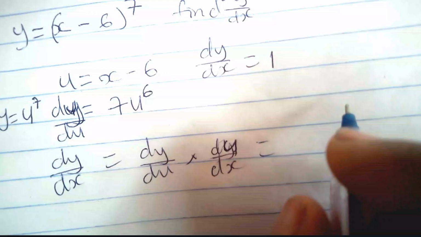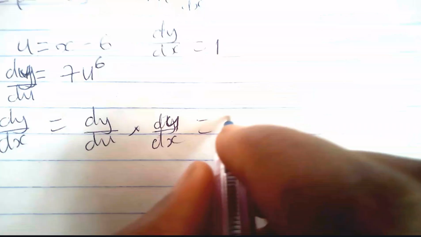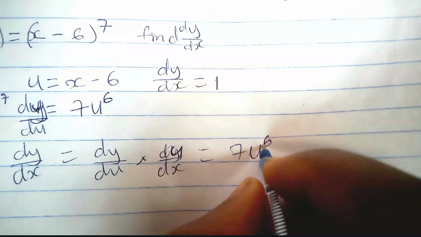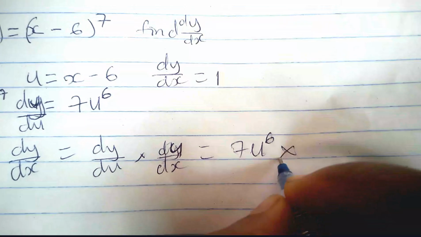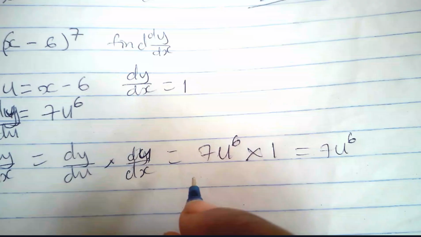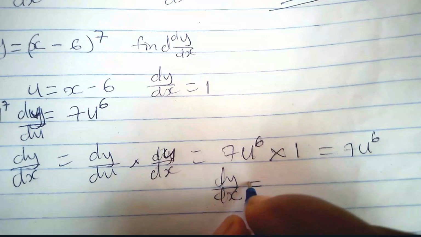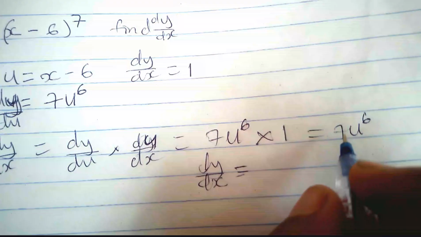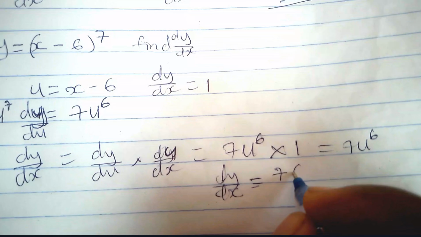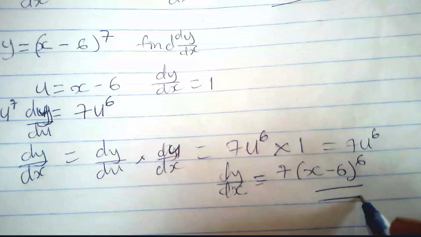So definitely we're going to have 7u raised to power 6 times 1. So our answer is 7u raised to power 6. But in dy/dx, we have to find the function of y with respect to x, so we have to remove this u, and that u is equal to x minus 6. So we're going to have 7 times (x minus 6) raised to power 6, and that's our answer.